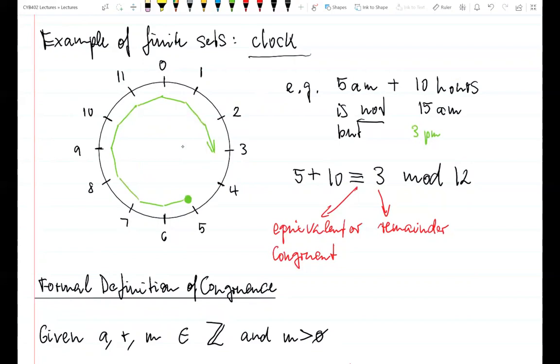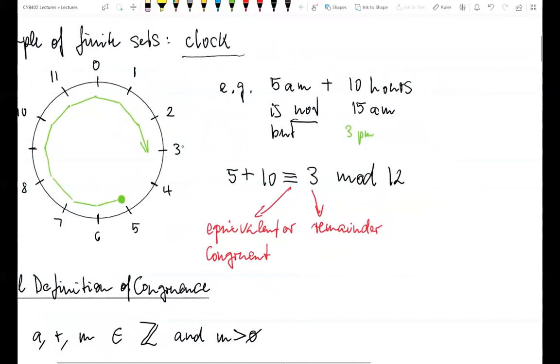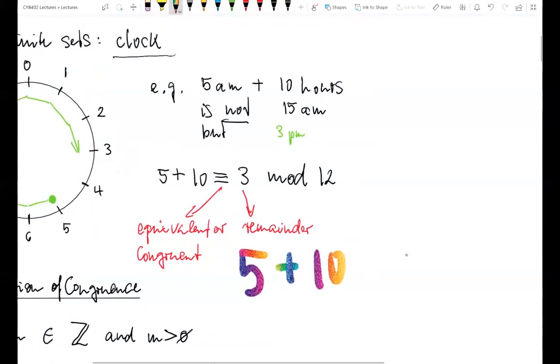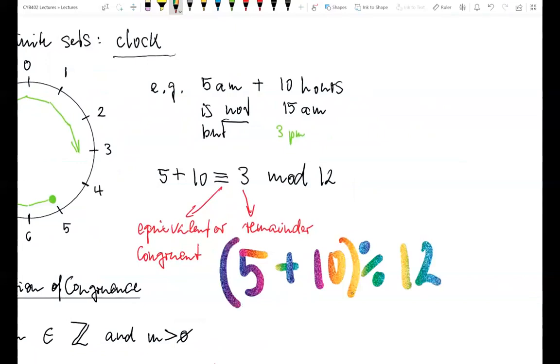If you're familiar, and you all should be, you know what the modulo operation means in computer science. So what we basically do here is we say, okay, 5 plus 10 modulo 12 yields 3.